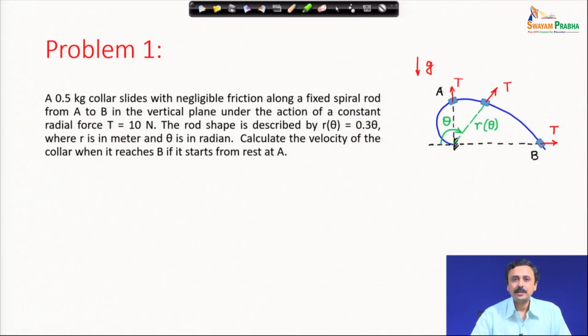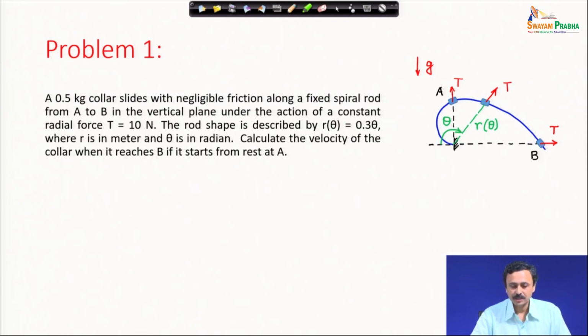In the vertical plane, this whole rod is under the action of a constant radial force T equal to 10 Newton. This should not cause confusion because this T here is the applied force.